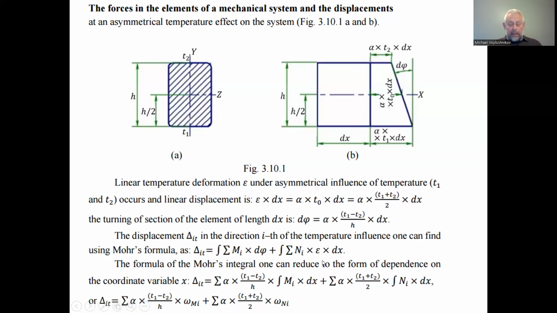Okay, and after mathematical transformations, we can separate the total, and we can find separately the bending moment products by dx.